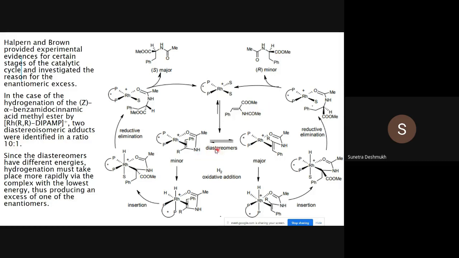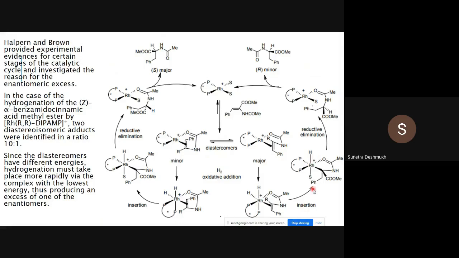Now, the orientation of coordination of the rhodium catalyst with this compound gives two different products. This one is the minor orientation, and this one is the major orientation of addition, that means complex formation. Oxidative addition of hydrogen is here, so two hydrogens are added on rhodium here, and here also two hydrogens are added on the rhodium.